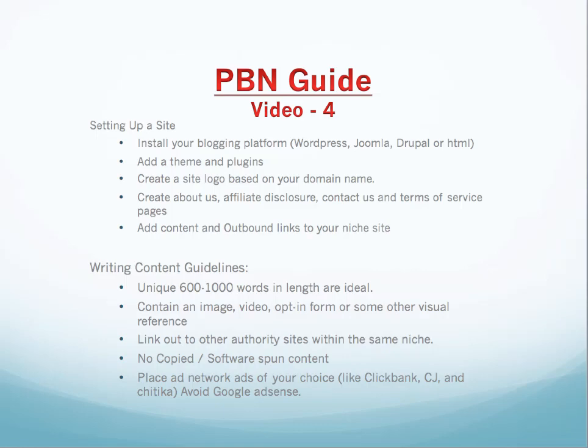The next thing is the logo. Create a logo based on your niche site, so the name of the site, or the content, or what the niche is related to. If it's health related, create a small logo. You can create the logo by outsourcing to Fiverr for $5, or if you are able to do the logo yourself, just go to a big stock photo website, type in logo, and you will get different designs.